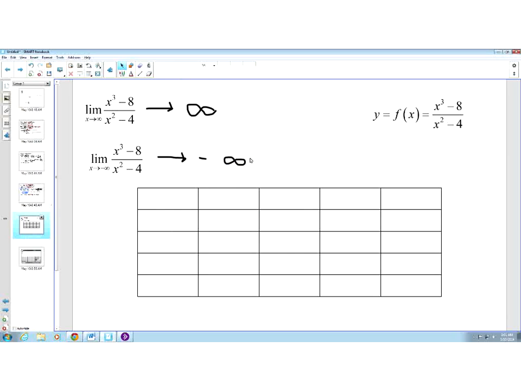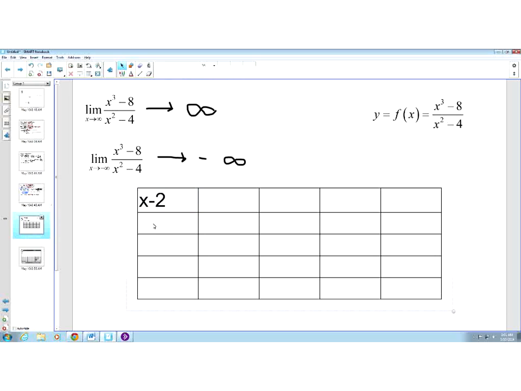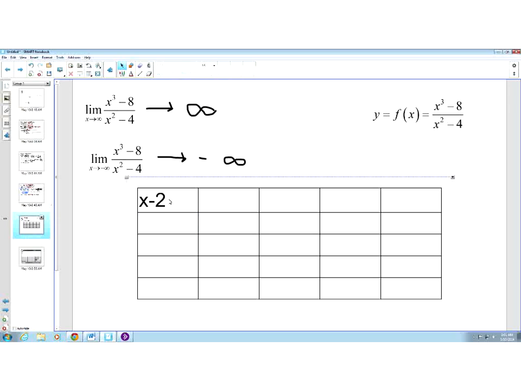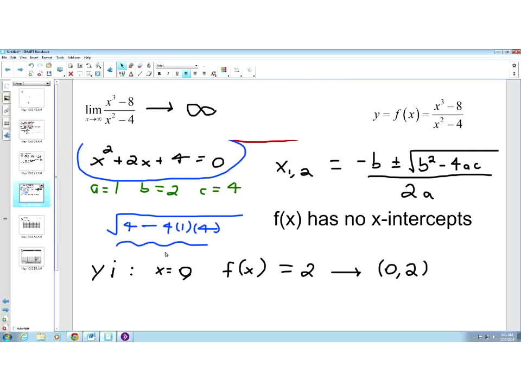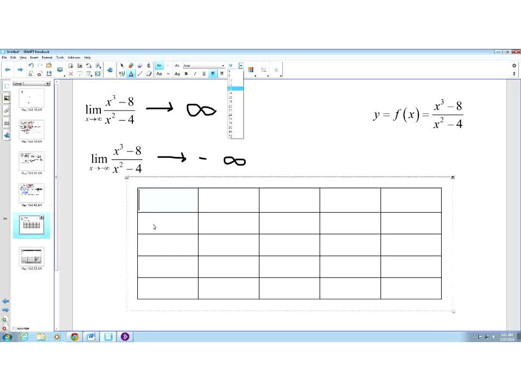And the factors for the numerator were what? x minus 2, and then x squared plus 2x plus 4. That's the numerator. Let's make these smaller fonts so I can get the content in the cells. So change the font size to 12.